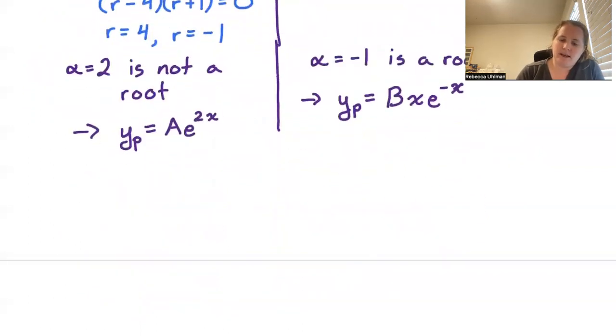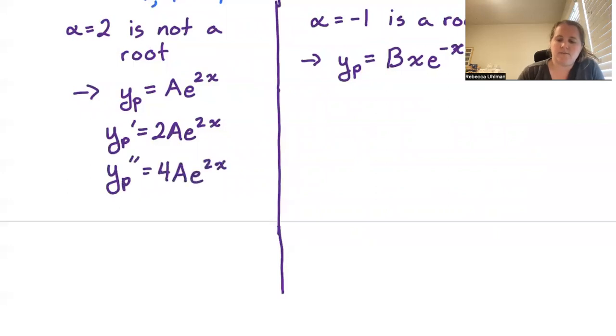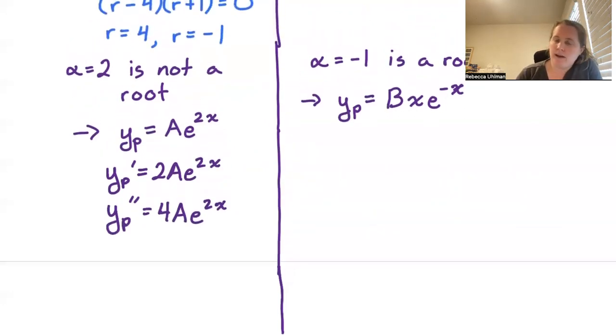On this left-hand side, we have yp prime is 2a e to the 2x, and the second derivative is 4a e to the 2x. On the right-hand side, yp prime would be b e to the negative x, and then we would have minus bx e to the negative x.